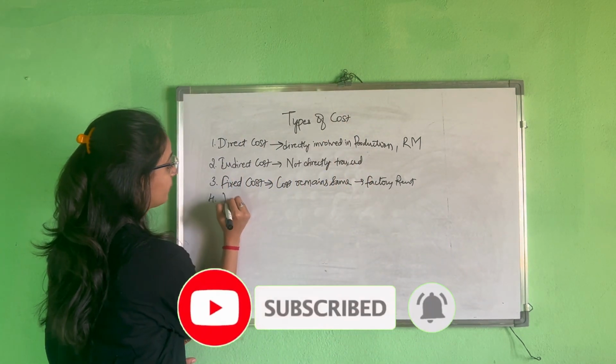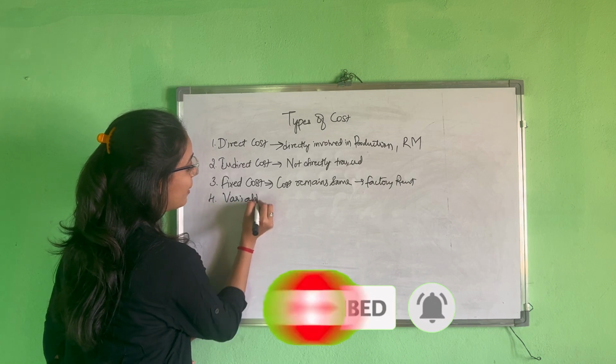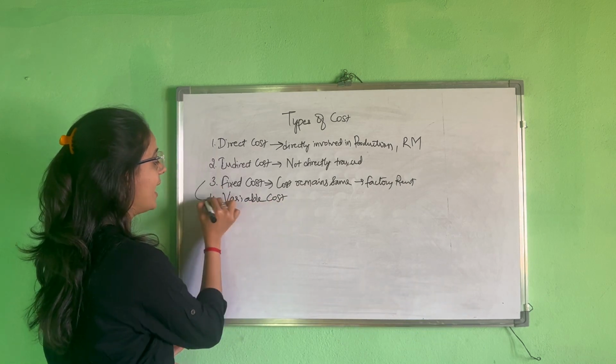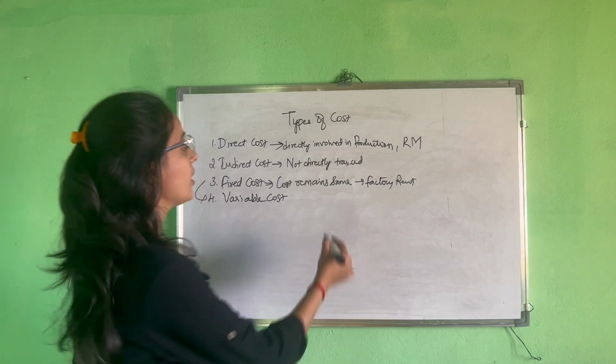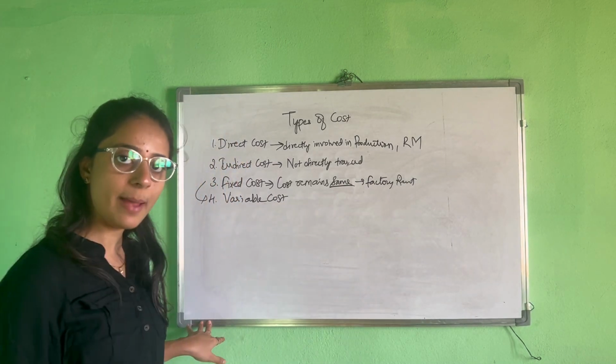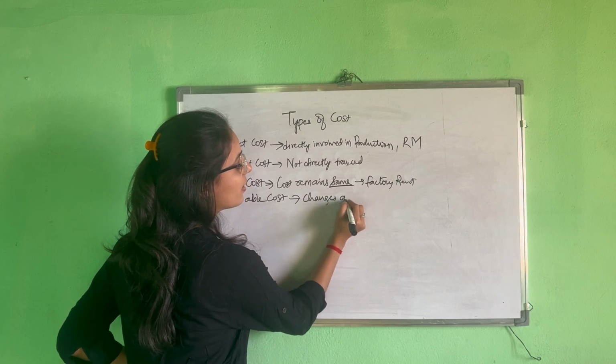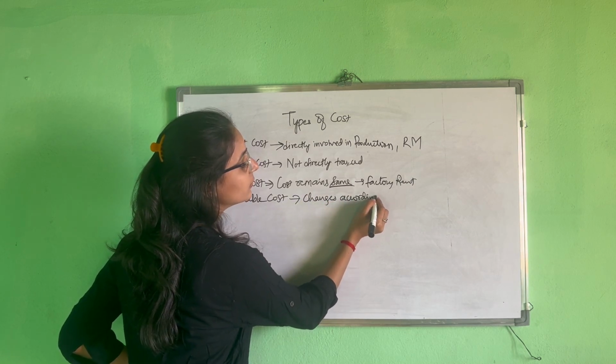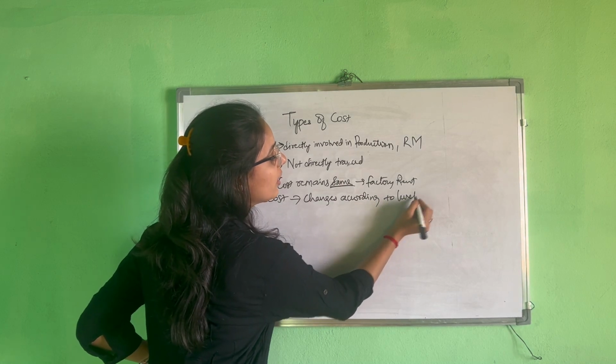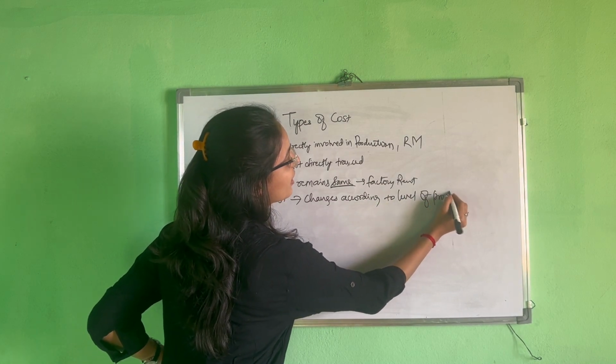Next comes variable cost, which is dead opposite of fixed cost. What is fixed cost? Remains same. This changes according to the level of production.